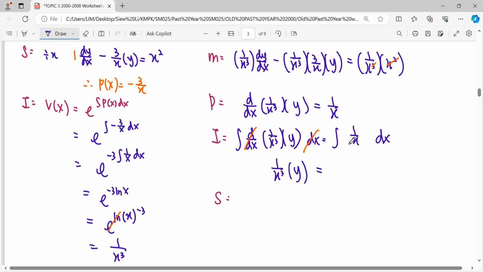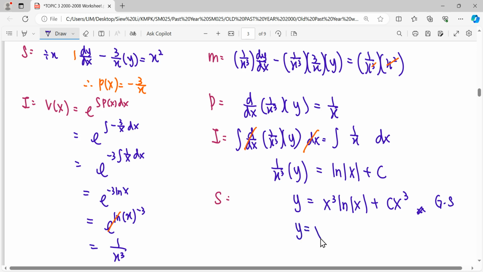Meanwhile, for the right hand side, the integration of 1 over x gives us ln x. Lastly, we plus c. Then our general solution will start with the term y, so we multiply up x cubed: y equals x cubed ln x plus c times x cubed. So this is our general solution. Or we can write in factor form, x cubed times the bracket ln x plus c.